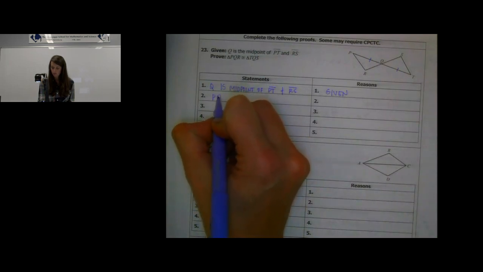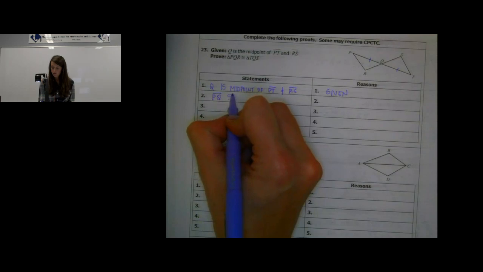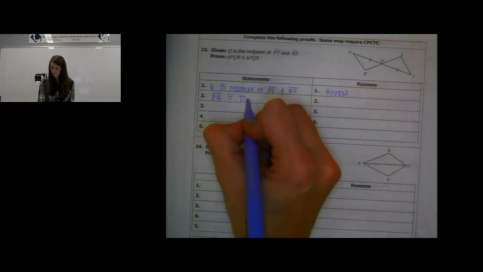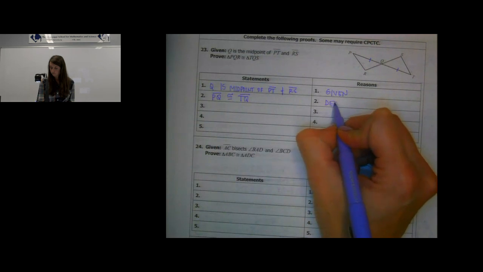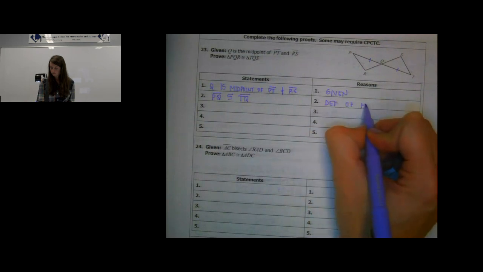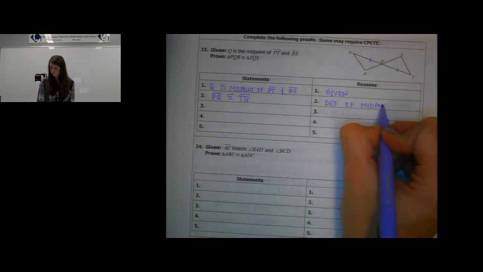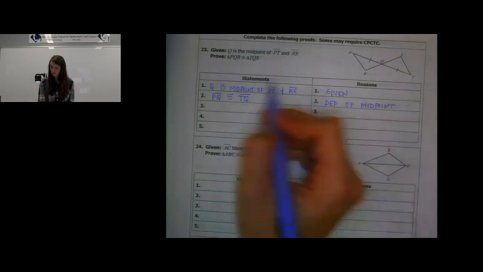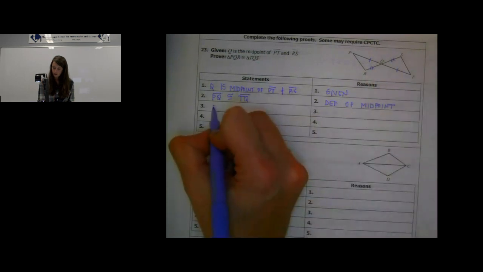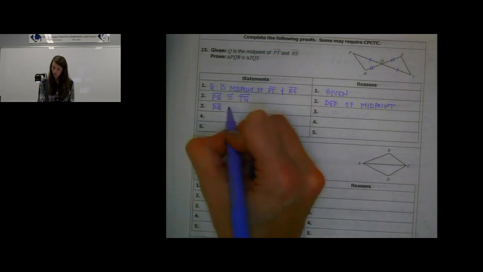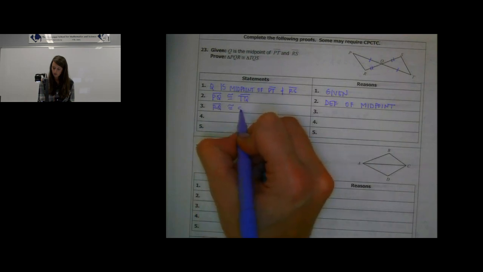So PQ is going to be congruent to TQ. Okay, so it's also the midpoint of RS, so that means that RQ and QS now are going to be congruent. So RQ is going to be congruent to SQ.